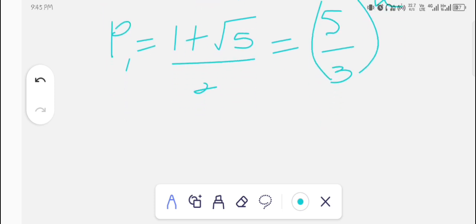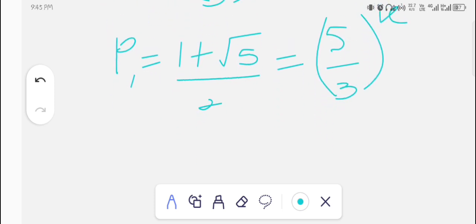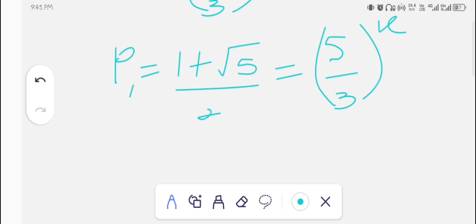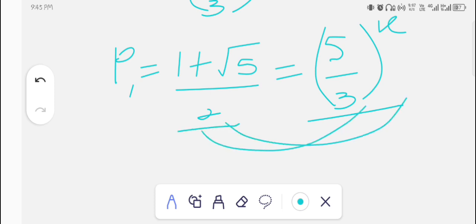To solve for x here, we'll have to introduce logarithm. So we take the logarithm of both sides of the equation. I want to take this to the left side and bring this to the right side, so I just switch positions. Very good.